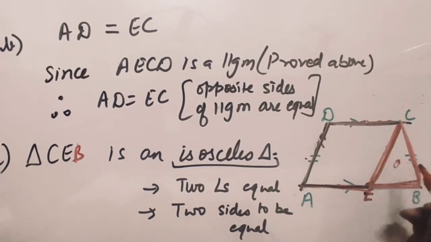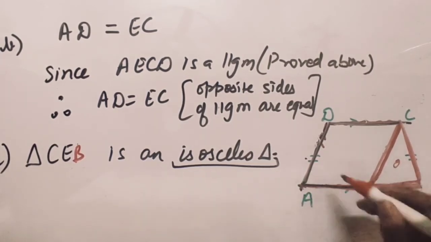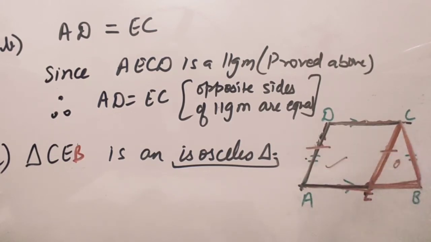Right, children? So what we will do over here, because angles are not given, is definitely take the side portion. So let's see how we are going to prove the side portion. In the first two parts, we have proved this is a parallelogram and this side is equal to this side.